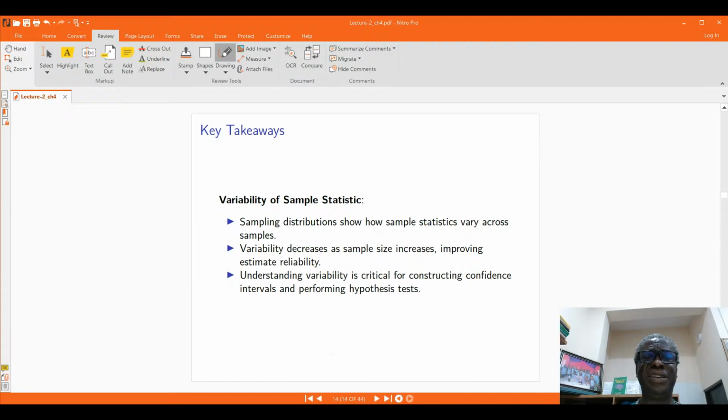But before we talk about that, let's summarize what we have discussed so far. One, when we talk about variability of sample statistics, we are talking about the sampling distributions and how these sample statistics vary from sample to sample.